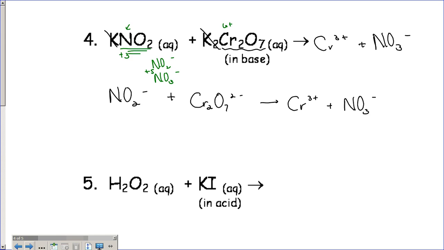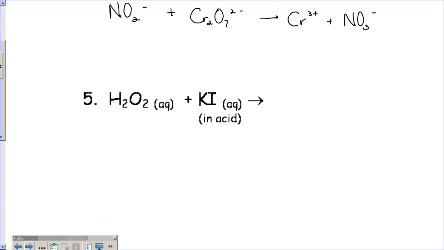Most likely the visual indicator of the chemical reaction would be a change in color from a yellow to an orange color of the chromium going from 6+ to 3+. But again, if you want to balance this, you would divide it into its half reactions and balance in acid. Oh, for Pete's sake, balance in base.